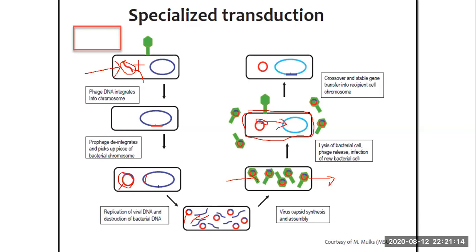Okay, and whenever it happens, it produces a new kind of bacteria, or you can say it's a stable gene transfer into the recipient cell chromosome.